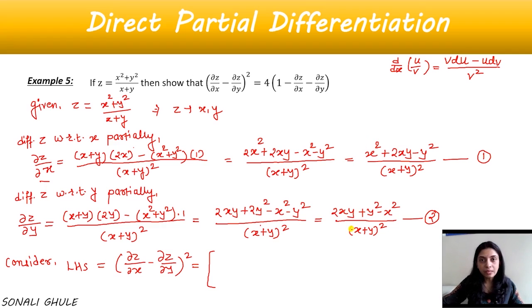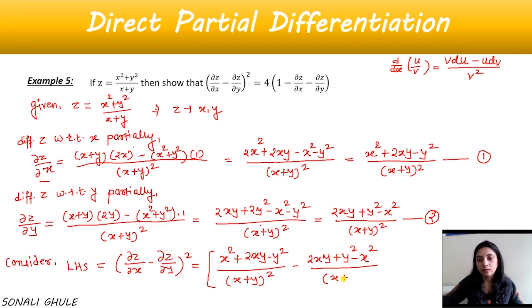Put your value for dou z by dou x: it is x square plus 2xy minus y square upon x plus y whole square minus 2xy plus y square minus x square upon x plus y whole square.